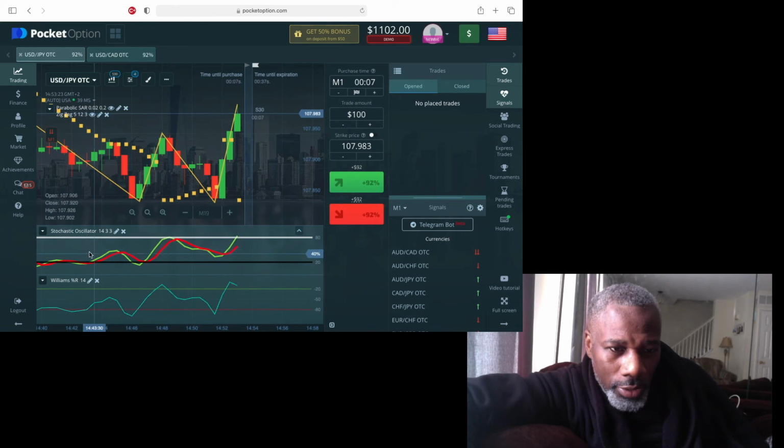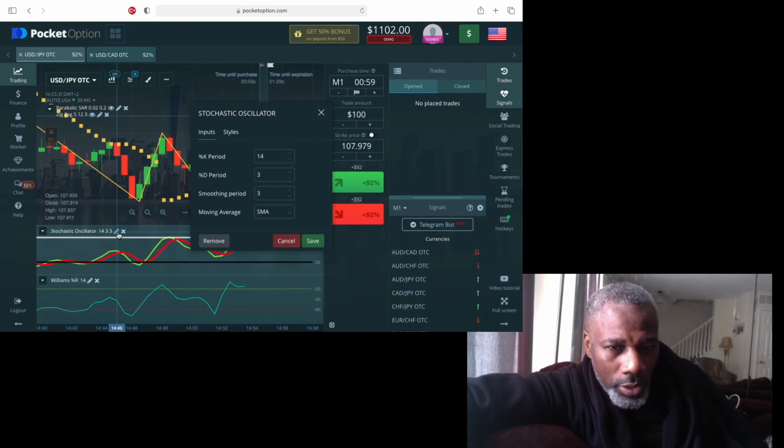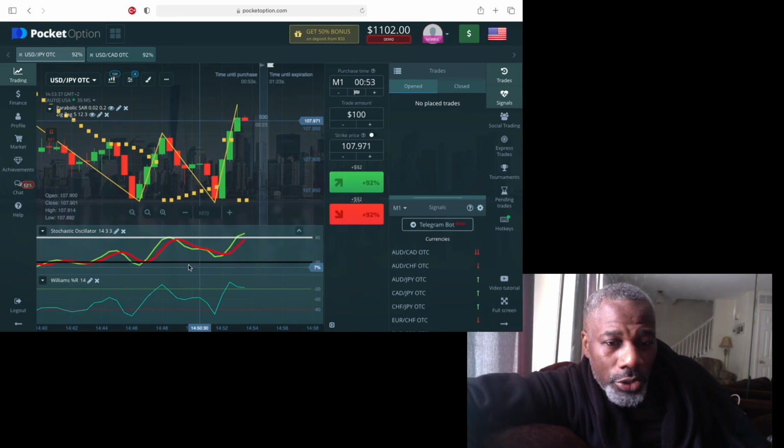So if you look at the top of the chart, at this stochastic, my stochastic is set up at 1433. I'll show you the indicators right here. Set up 1433 SMA. So you see how this green, that's the buy line, is indicating an uptrend. This zigzag is showing you the same exact thing, an uptrend, right?